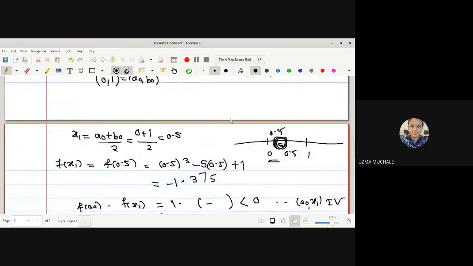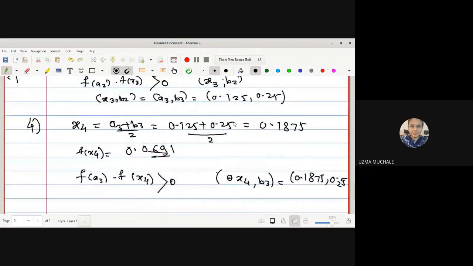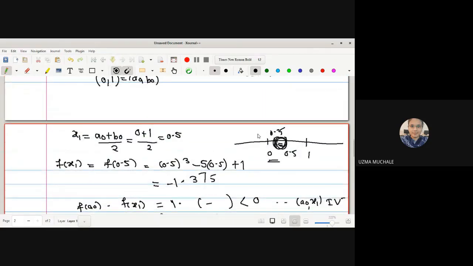The interval is now 0.1875 to 0.25. So the root lies somewhere in between these two. Okay.